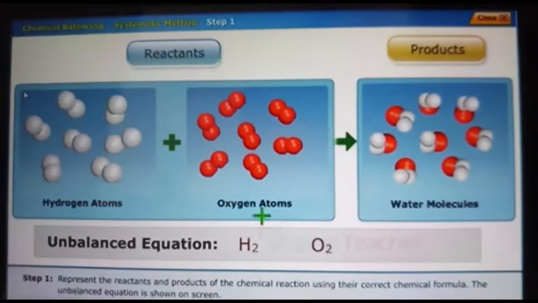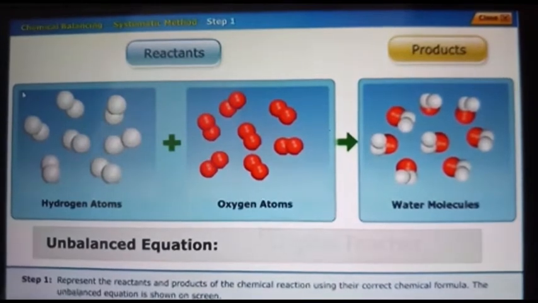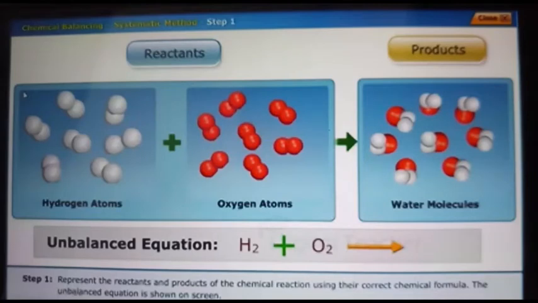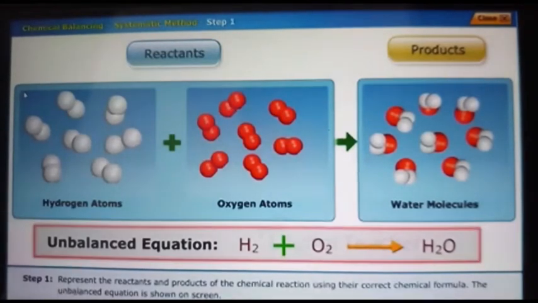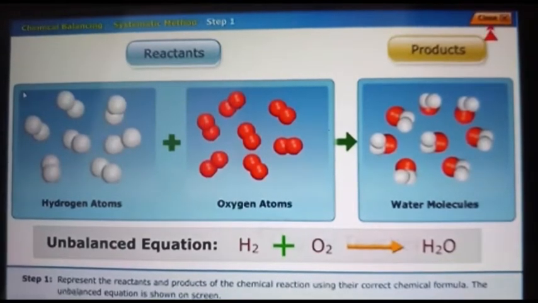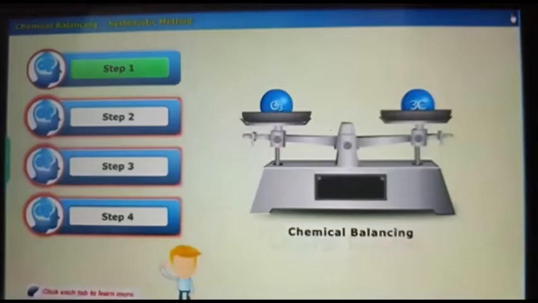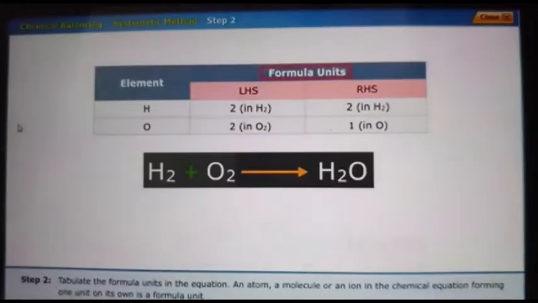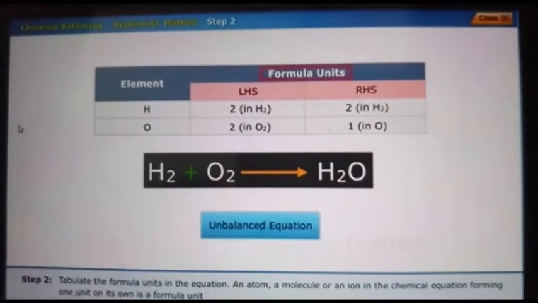Let's talk about the systematic method of chemical balancing. Step 1. Represent the reactants and products of the chemical reaction using their correct chemical formulas. The unbalanced equation is shown on screen. Step 2.